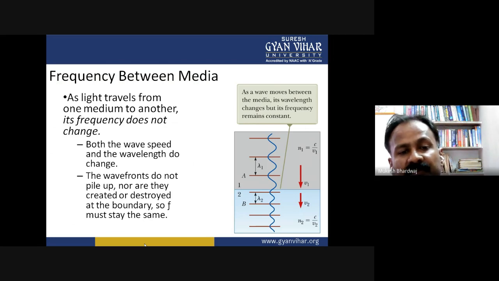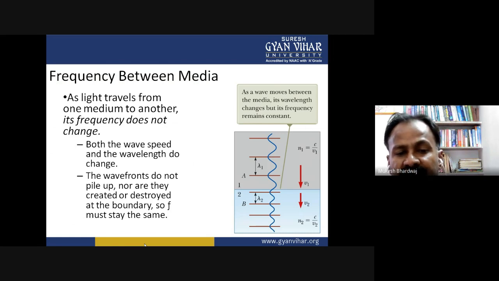The velocity of an electromagnetic wave in vacuum is given by c equals 1 upon root mu naught epsilon naught, which equals 3 times 10 to the power 8 meters per second. And the velocity of an electromagnetic wave in a medium is given by v equals 1 by root mu epsilon, or it can be written as 1 upon root mu naught epsilon naught into root mu r epsilon r.